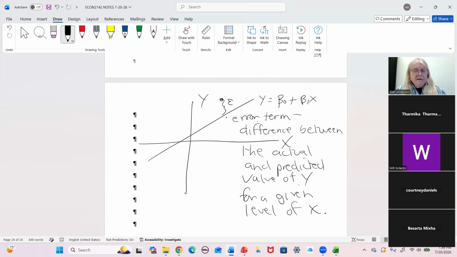For a given x, this is x1 and y1. Here is what was wrong. Or actually, what I should say is our actual value is different from what was predicted.